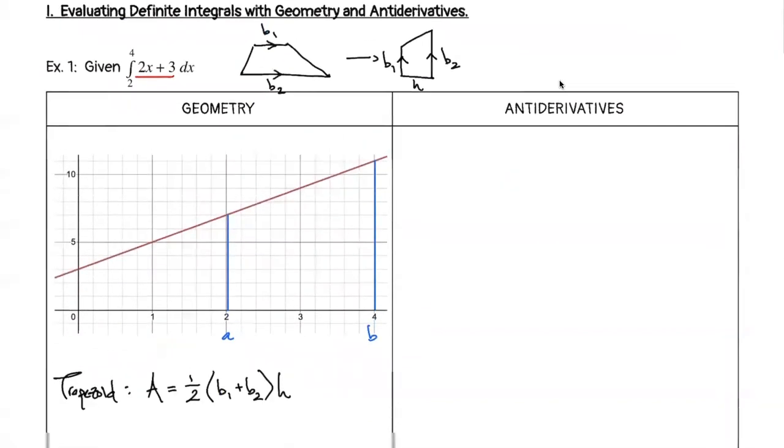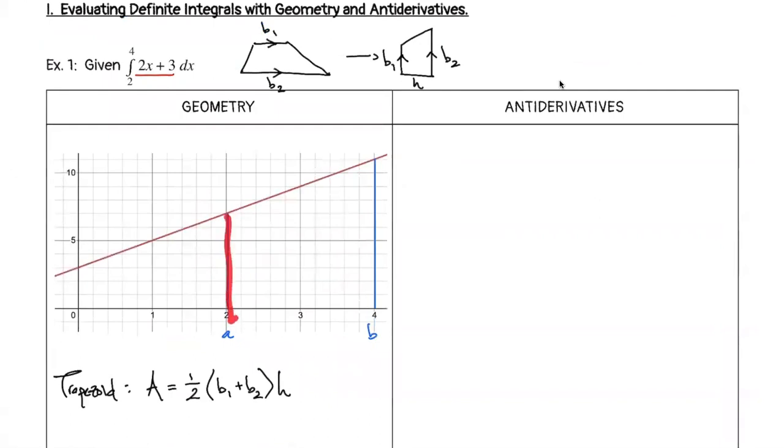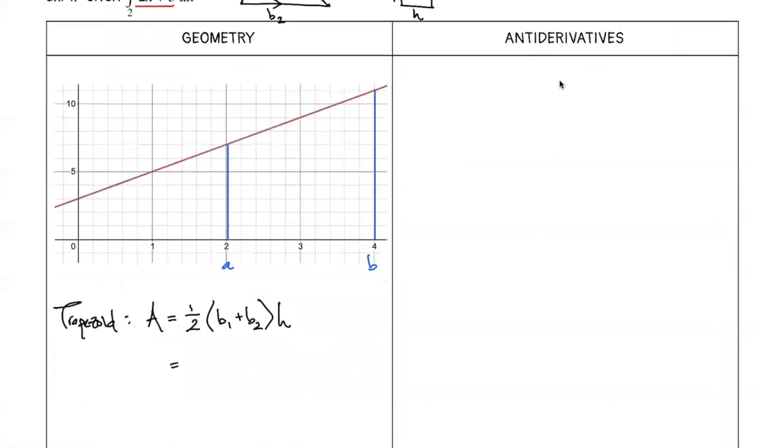Knowing that, let's come back to this diagram where I have the two parallel bases and a height of a trapezoid, and let's fill those numbers into our formula. What would we say is base 1? If I call this one base 1, how long is that segment?